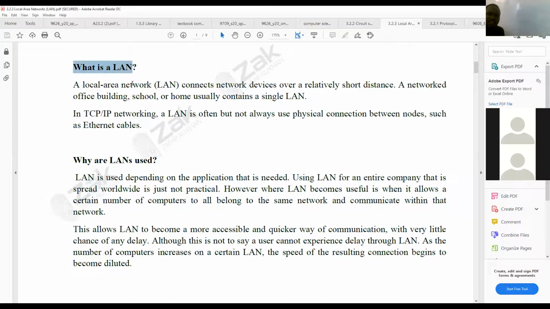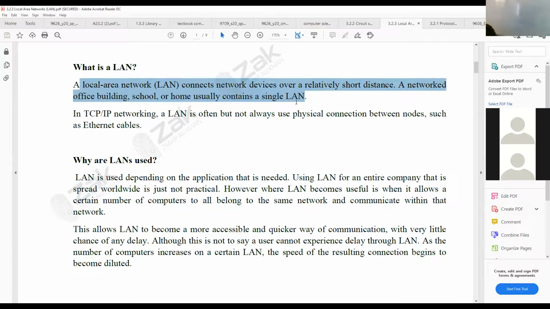A local area network is a computer network which operates over a short distance, with computers and devices connected using cables or wires.